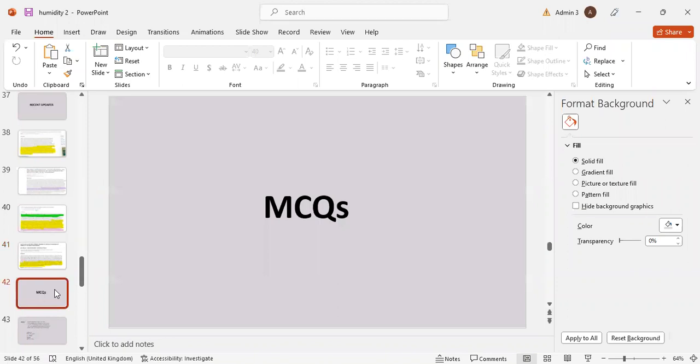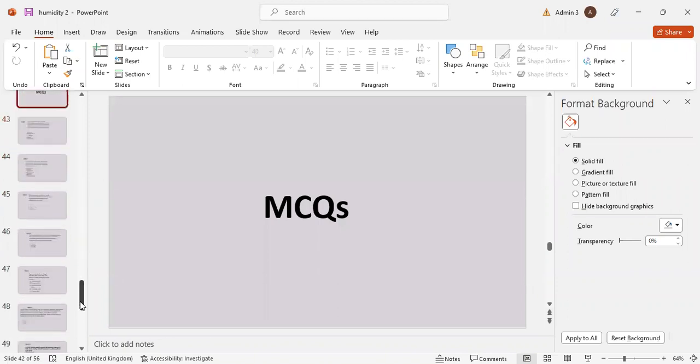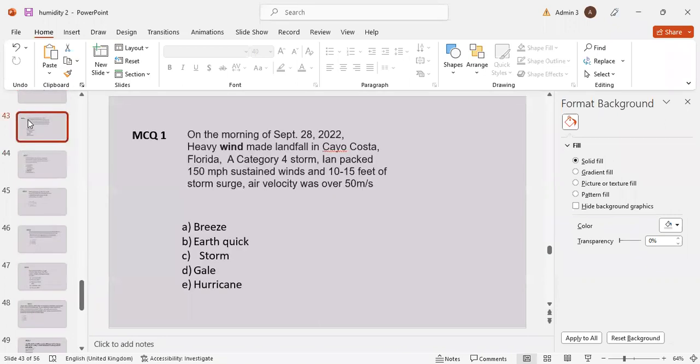And then coming to the MCQ session. First MCQ. On the morning of September 28, 2022, heavy wind made landfall in Cayo Costa, Florida, as a Category 4 storm.